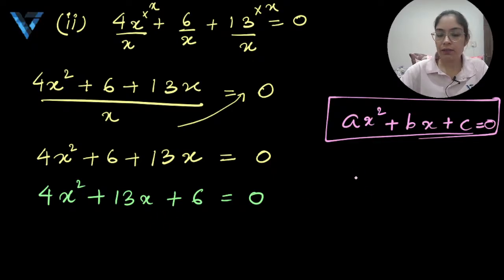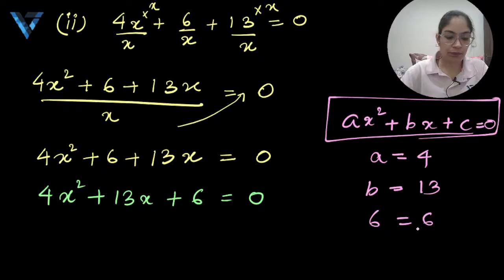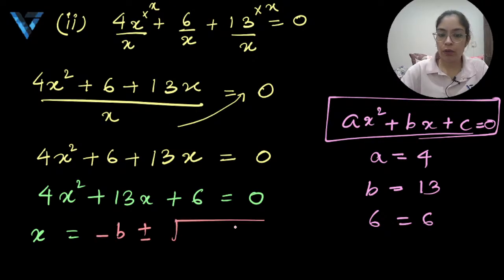Now let's write the values of a, b and c. So a is equal to 4, b is equal to 13 and c is equal to 6. I hope the equation is correct: 4x square plus 13x plus 6. The quadratic formula is x is equal to minus b plus and minus square root of b square minus 4ac by 2a.